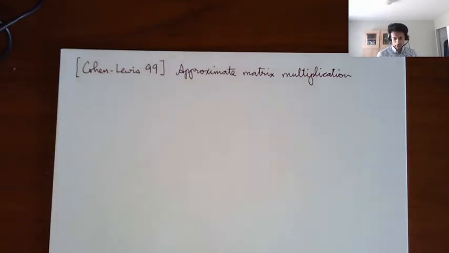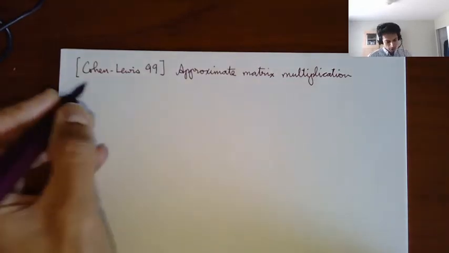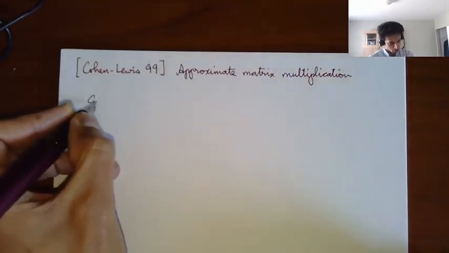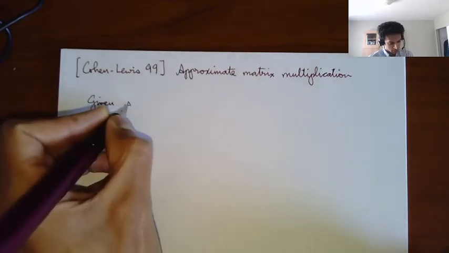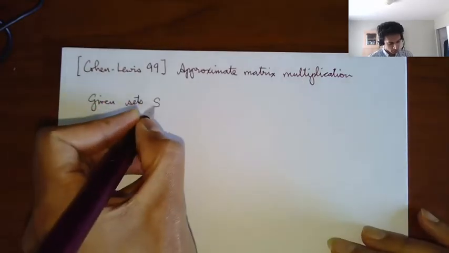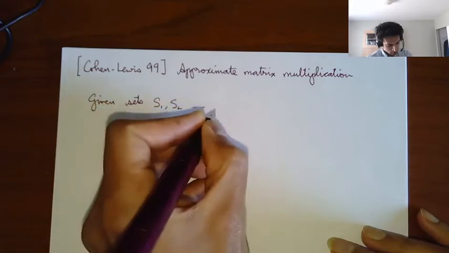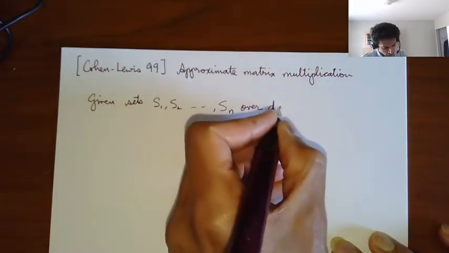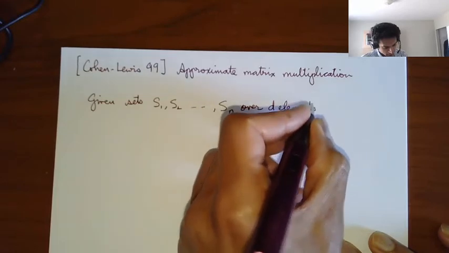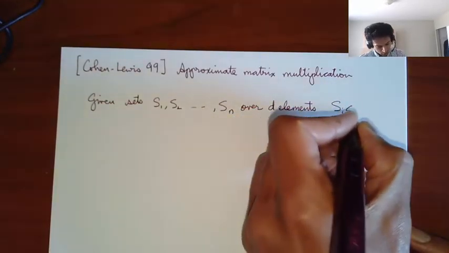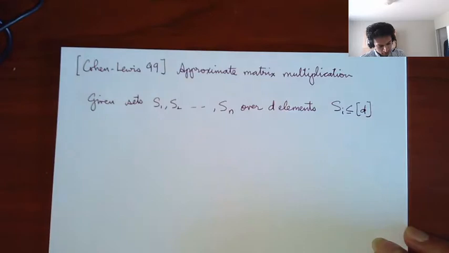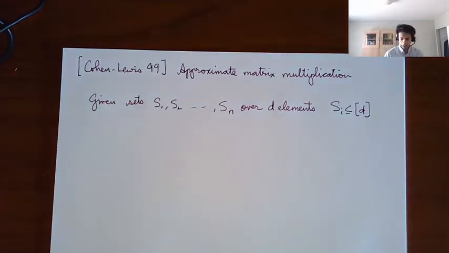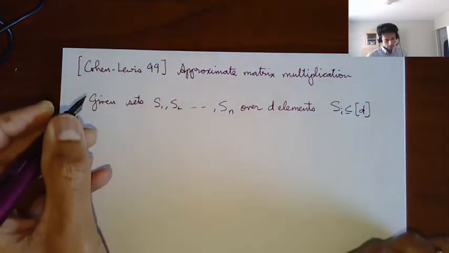And so we are given sets S1, S2 up to Sn over D elements. So you have a collection of sets, and you can think of each of the Si as basically some subset of the universe of D elements.